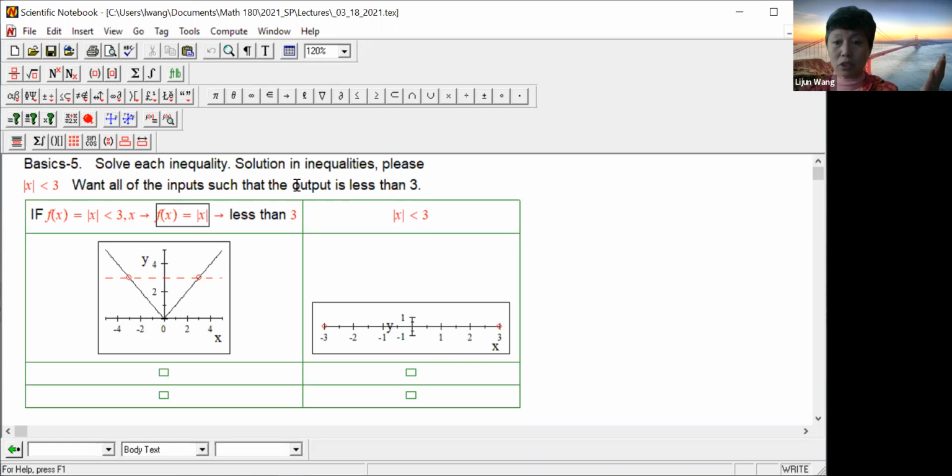That's the interpretation. You see, it's still about the rule, and it's still about input and output. We don't know the input, we're looking for it, but we want the output to be less than 3. Do you follow me? So what are the inputs that will make the output less than 3?